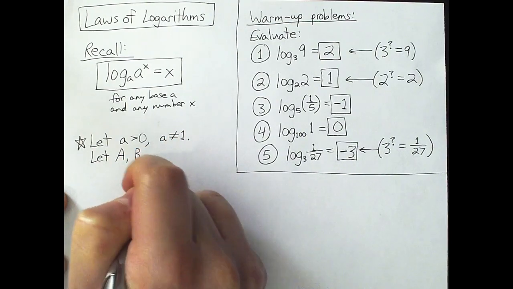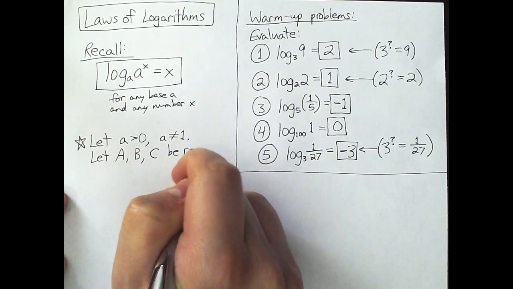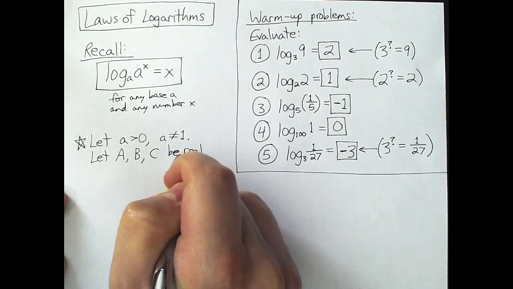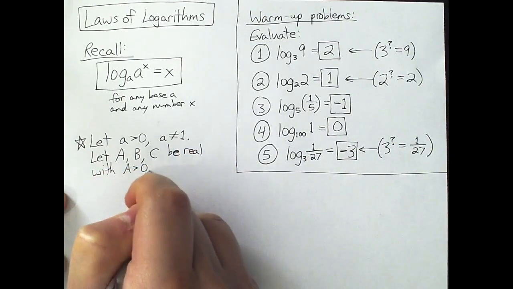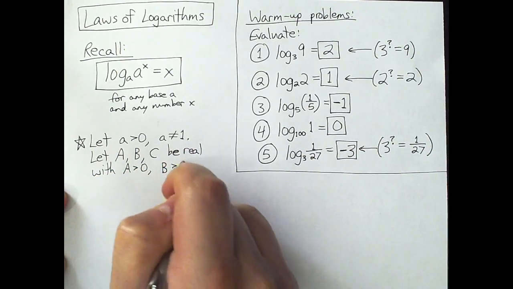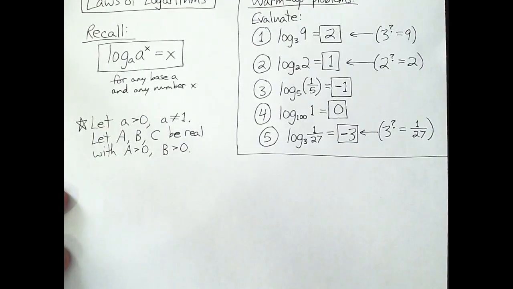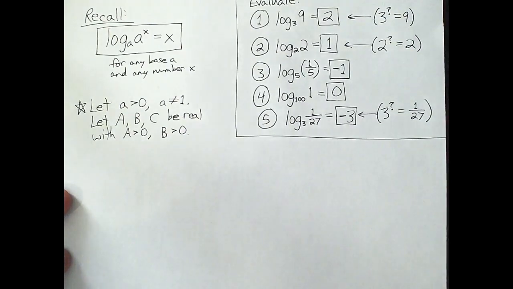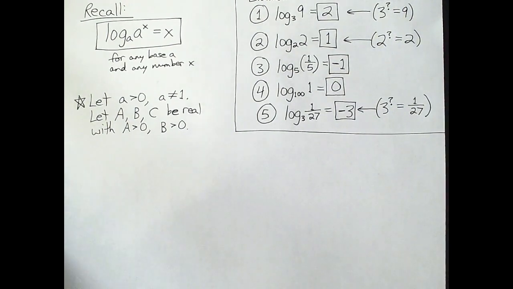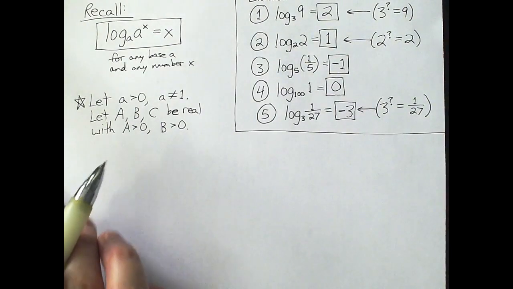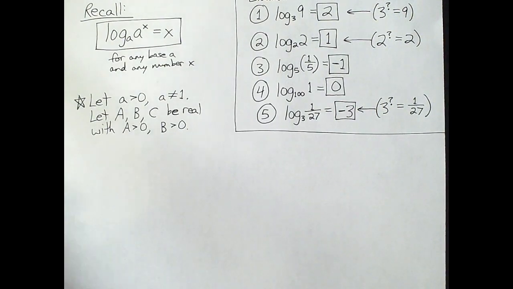Let a, b, and c be real, with a greater than 0 and b greater than 0. All right, so we've established this, so we can now work with these letters. For these 3 big rules, we're going to state the rule, we're going to prove it, and we'll do that for all 3. And then once we've gotten through all 3, we can do lots of example problems.